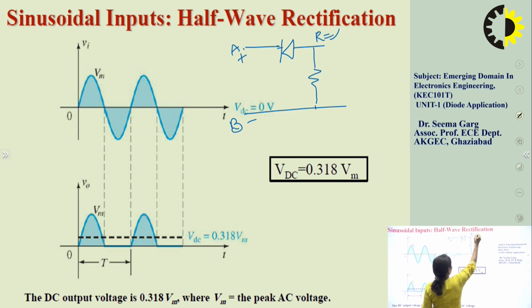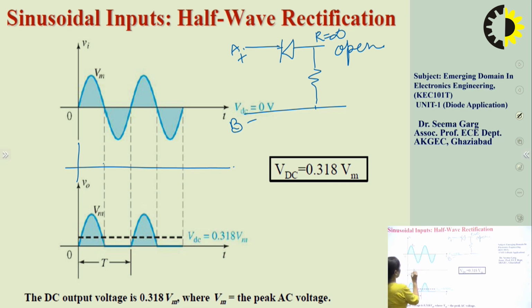So the diode is open circuit, and if the diode is open circuit, then your output will be equal to 0. Here the output will be 0.